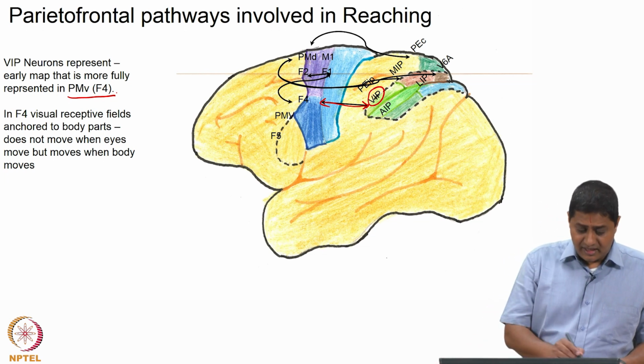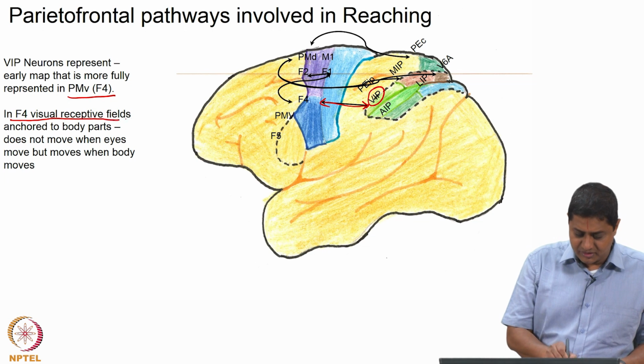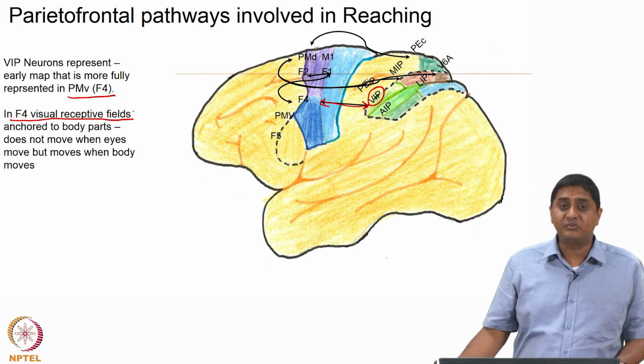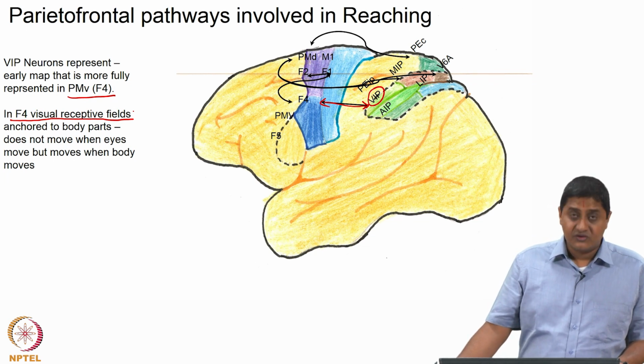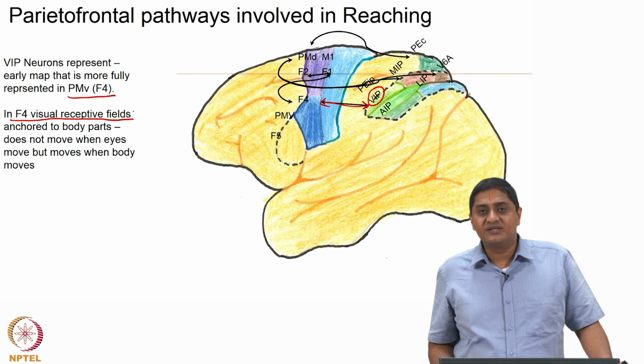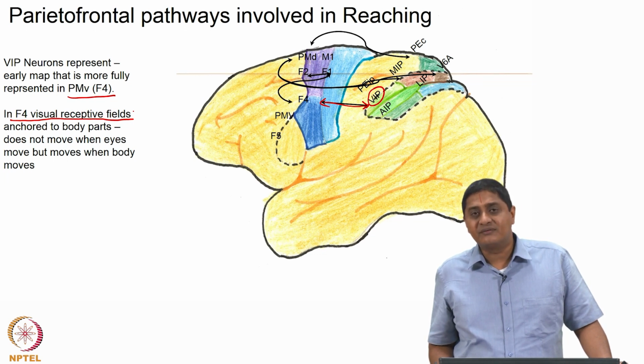And what does this area F4 itself do? F4 or the ventral premotor region actually has visual receptive fields that are anchored to specific body parts. So, that means that this particular region has something to do with the state of a particular part of the body.